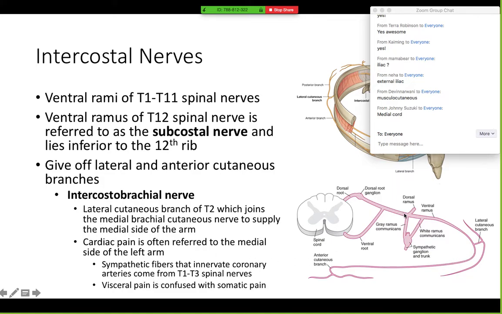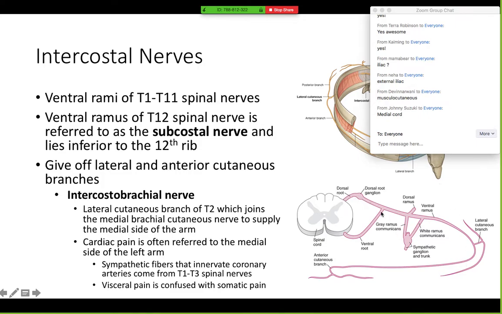So we have those fibers, and then we also have somatic pain. We have sensory information from the medial brachial cutaneous traveling through here from the medial side of the arm, and then it enters here and goes to the spinal nerve and to the dorsal root ganglion.